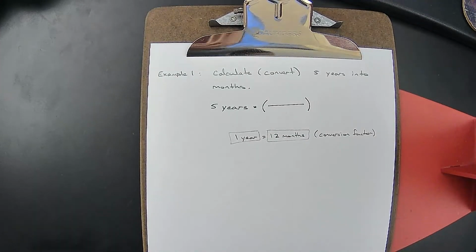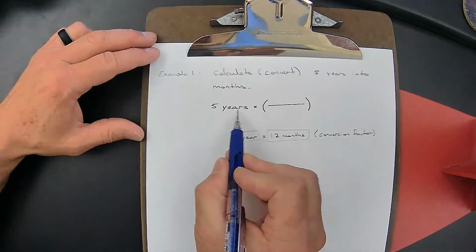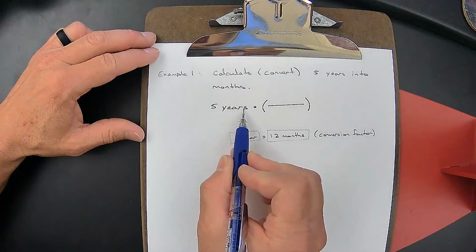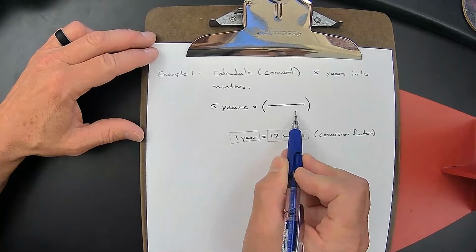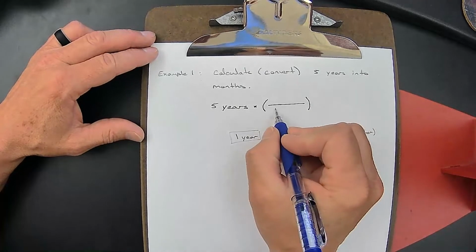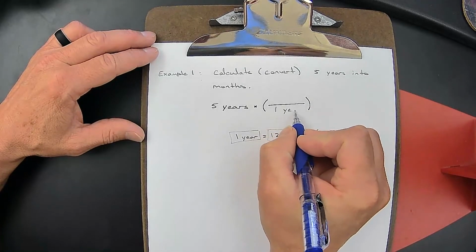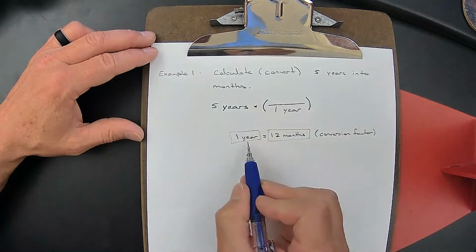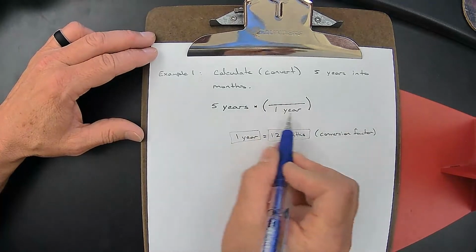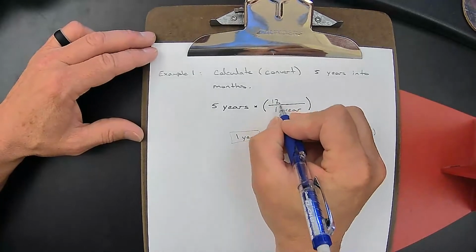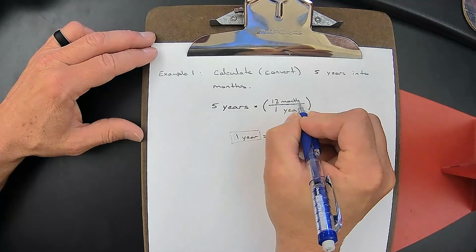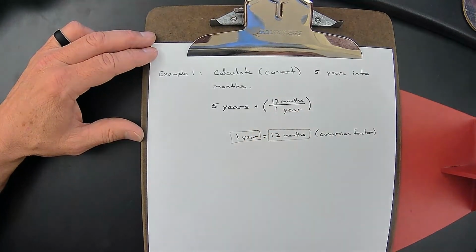How do you know which side goes to the bottom and which side goes to the top? It all depends on what units are right here. Whatever units you have right here, you're going to match those units on the bottom. So I'm going to put 1 year on the bottom because the years are the units that match up. That leaves this side to go to the top. 12 months goes to the top.